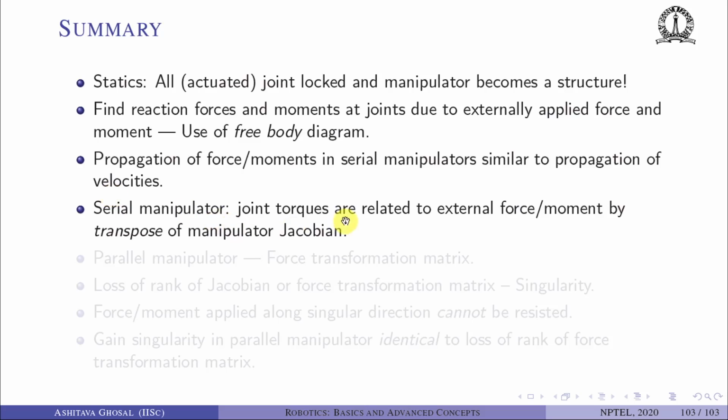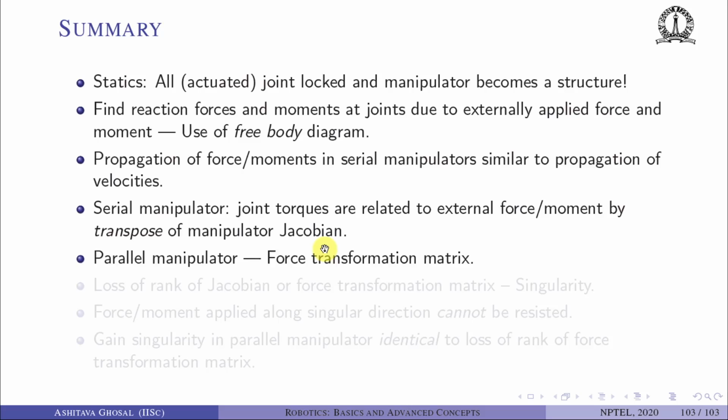So in serial manipulator, joint torques are related to external forces and moments by the transpose of the manipulator Jacobian. So we have this well-known expression, tau is J transpose F. In velocity kinematics, it was V is equal to J times theta dot.